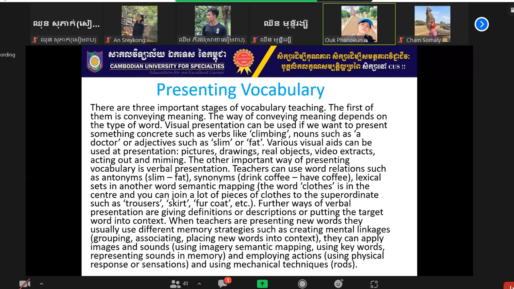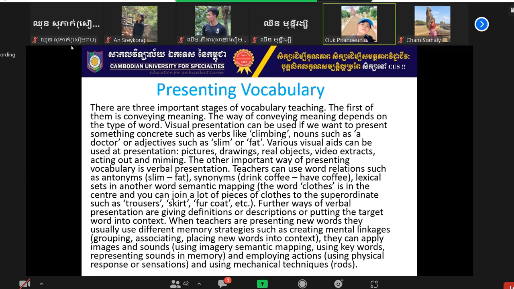The other important way of presenting vocabulary is verbal presentation. The teacher can use word relations such as antonym: slim, fat; synonym: drink coffee, have coffee; lexical set; and semantic mapping.